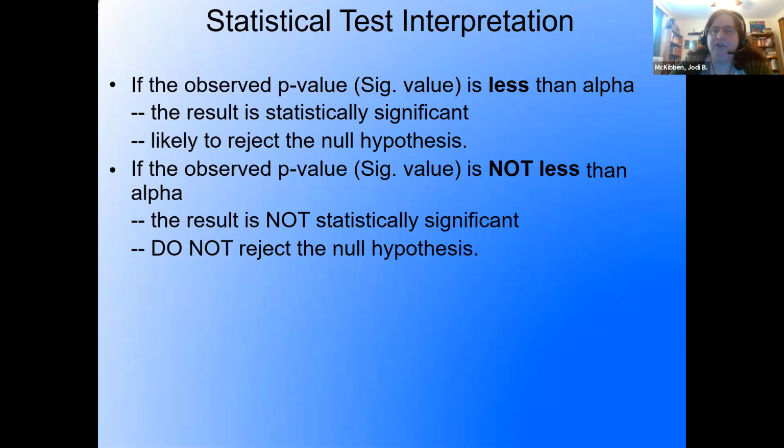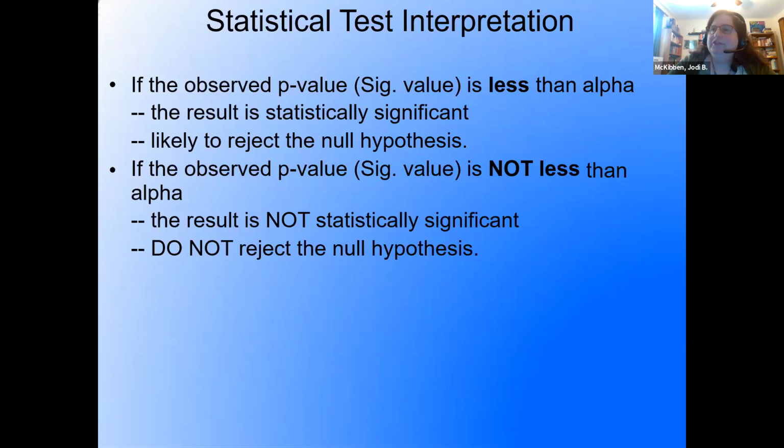It's not a bunch of different tables. You're always looking at the p-value or sig value. Now, if the sig value is less than your alpha, and alpha is always given to you, the result is statistically significant and we're likely to reject the null. If the observed p-value is not less than alpha, it's not statistically significant, don't reject the null.